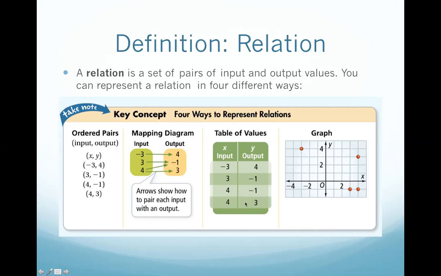What that looks like in our fourth representation of a relation is graphically. So on a graph, we can plot these ordered pairs. We always put our input on the x-axis and our output on the y-axis. And so our x-axis, that's the one that goes sideways. We say that is horizontal.